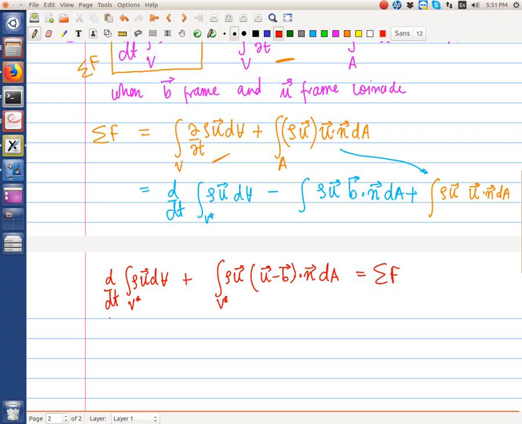These terms are all evaluated for the control volume that we have defined moving with the velocity u_b, which is not equal to u. So this is the relative velocity of the fluid with respect to the control volume.